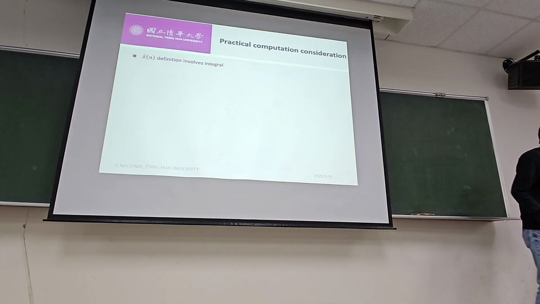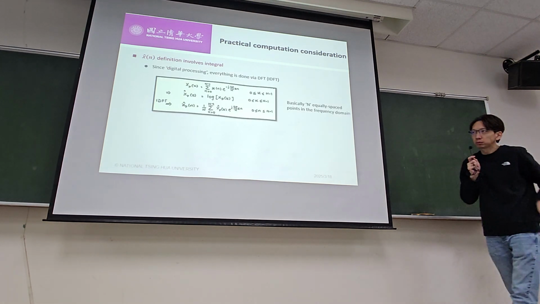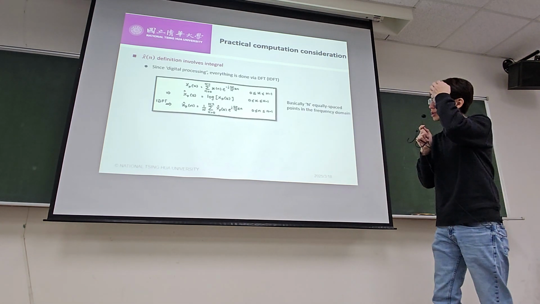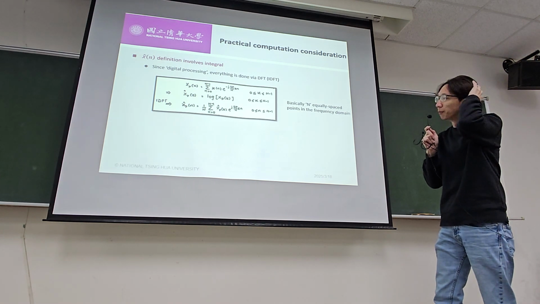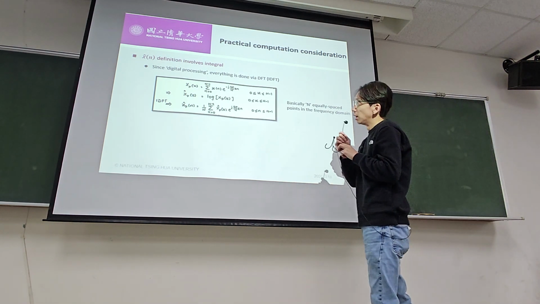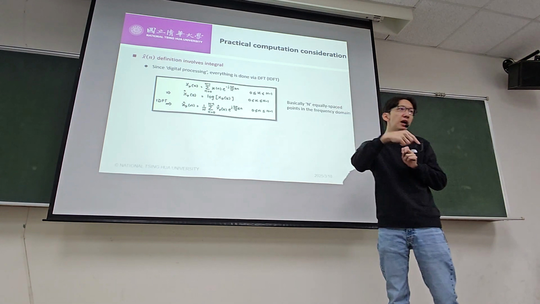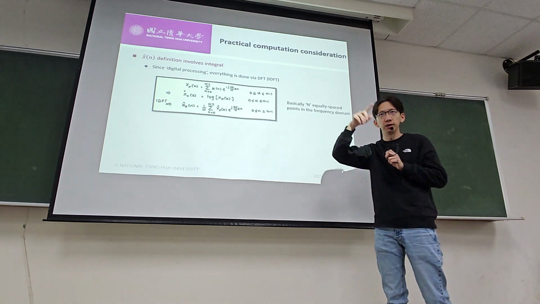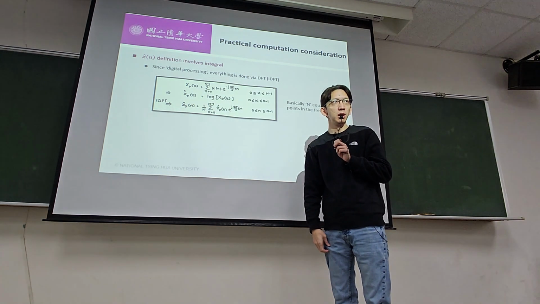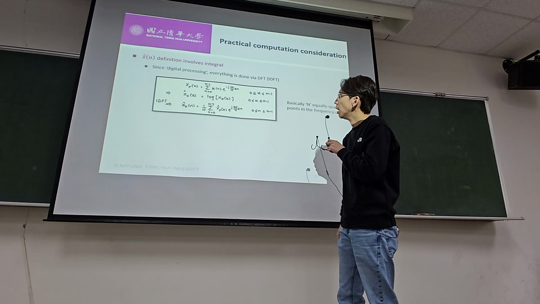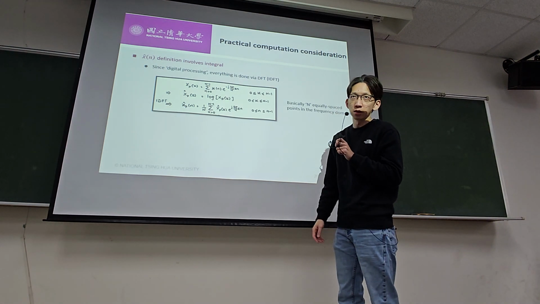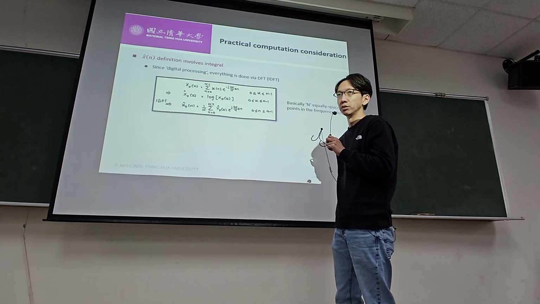So there are some practical computation considerations. In the Z transform or the original definition of the complex cepstrum, it involves an integral from minus pi to pi, with 1 over 2 pi, and then an inverse transform on the Fourier domain. In reality, you cannot really do that on computers and digital signal processing.